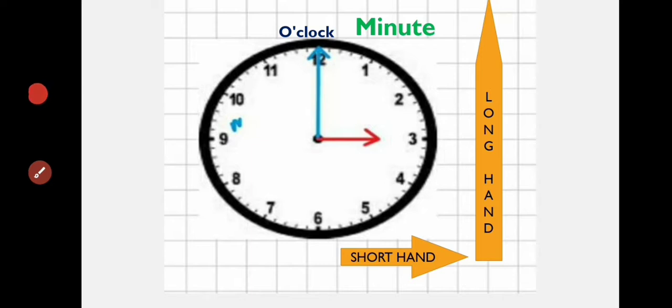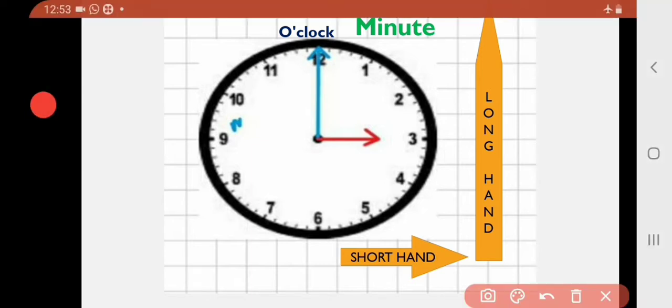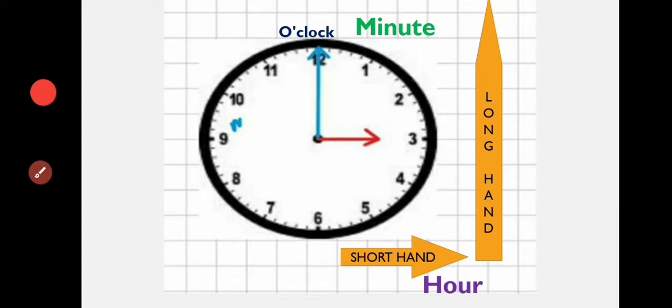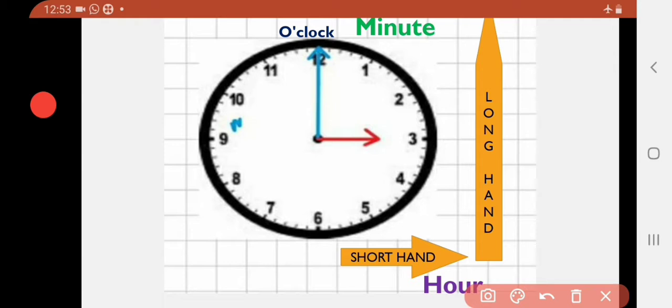It shows minutes. The red color hand is the short hand and the short hand is the hour hand and it shows the number of hours. As you can see, numbers are written. Each number denotes hours.